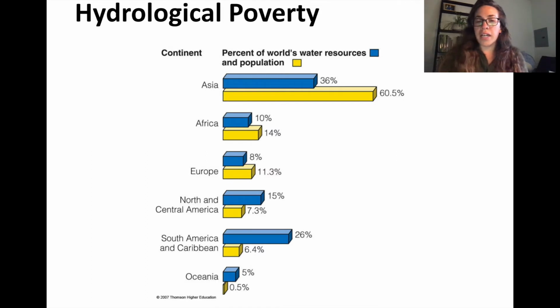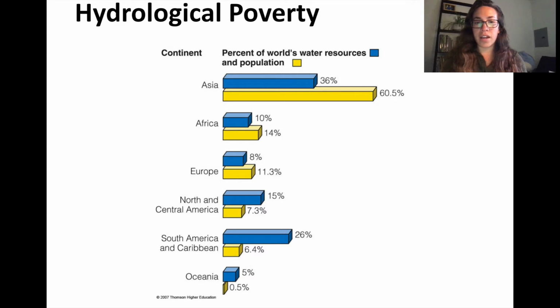Hydrological poverty is occurring sort of all across the planet in different ways. Some locations have a large percentage of the world's water resources that are accessible to them, and some do not. And so we see, interestingly enough, population distribution being disproportionate to access to water resources.